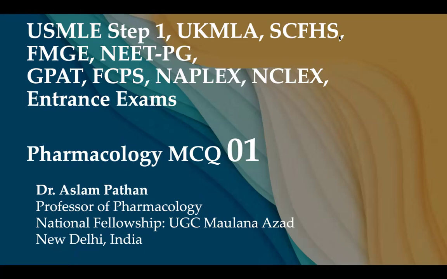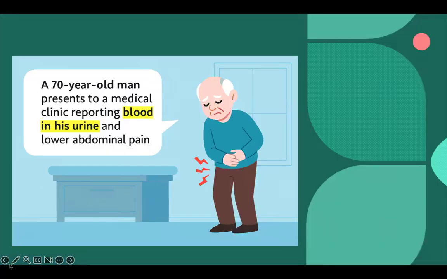Let us see Pharmacology MCQ number 1. The scenario is a 70-year-old man presents to a medical clinic reporting blood in his urine and lower abdominal pain.